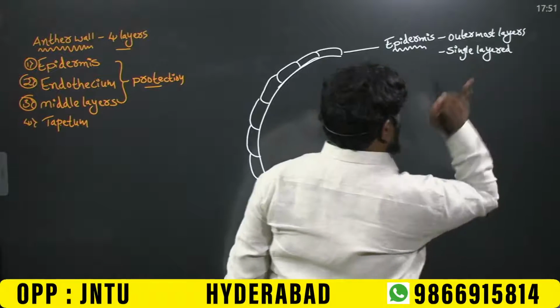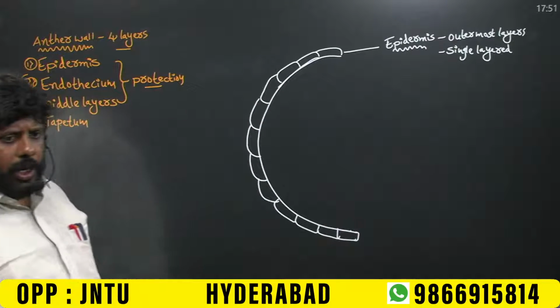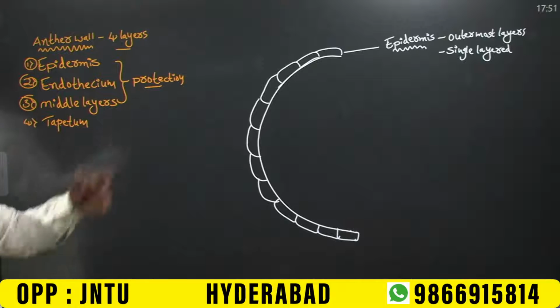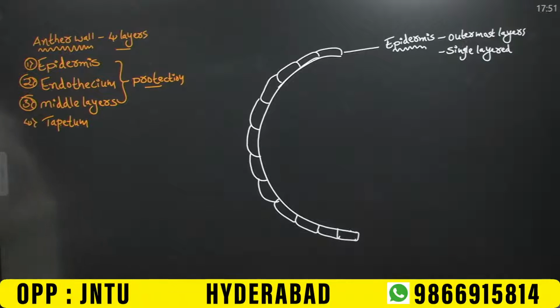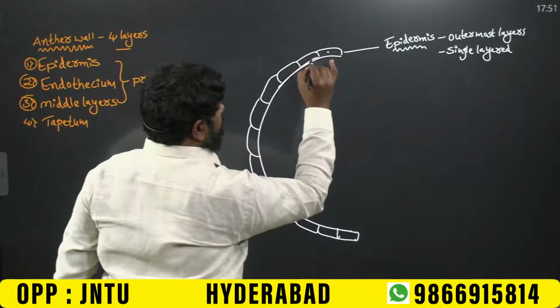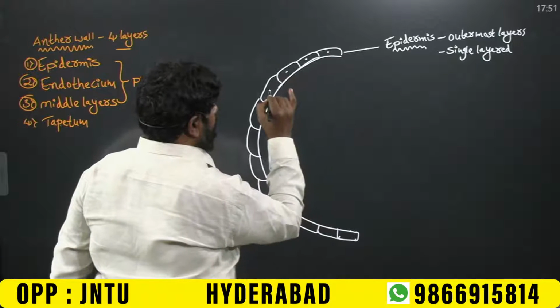Epidermis is the outermost layer. It is only one layer thick, that's why it is a single layer. And see, these are the epidermal cells.